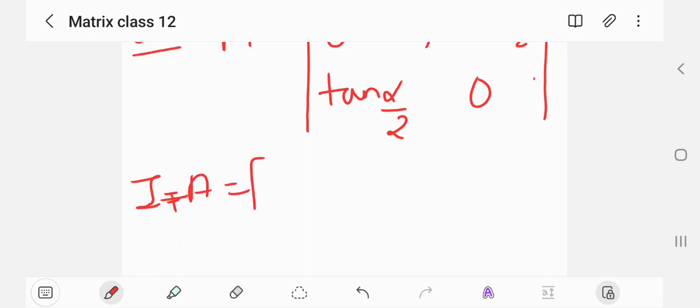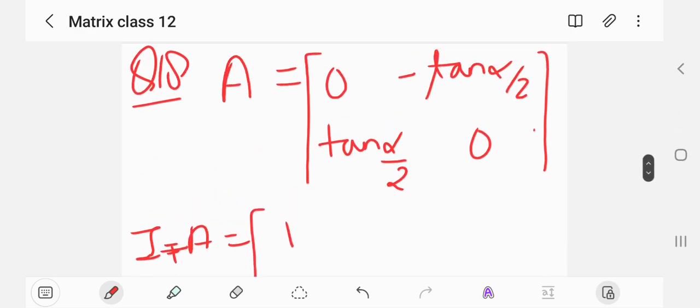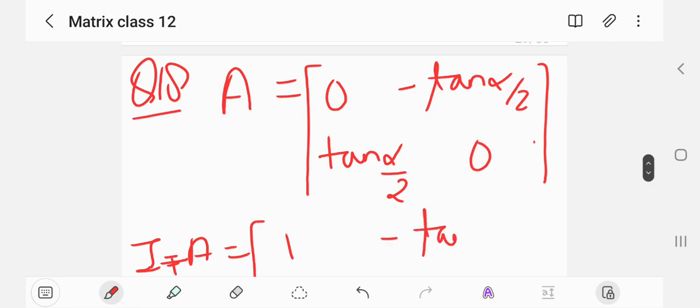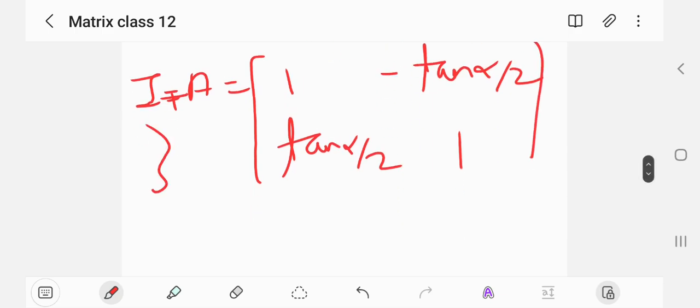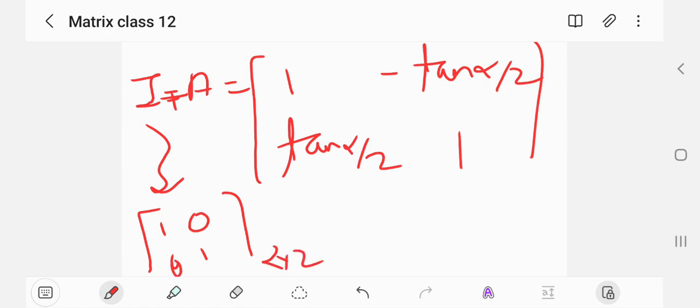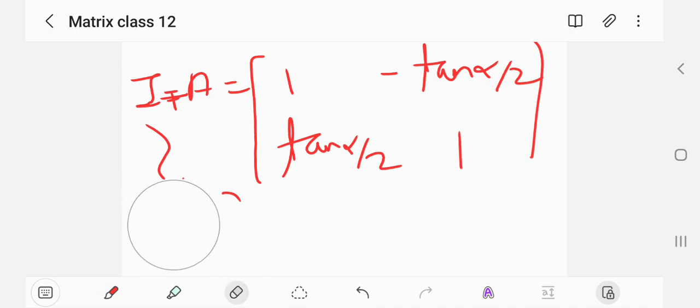When I add the identity matrix, what I get here is 0, here minus 10 alpha by 2, here 10 alpha by 2, here 1. Why? Because you know that the identity is this. We are given that the identity is of order 2 by 2, so simply add them. When you add, you will get this matrix. You will very easily find this.